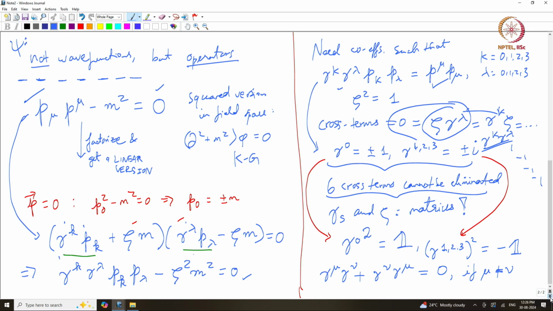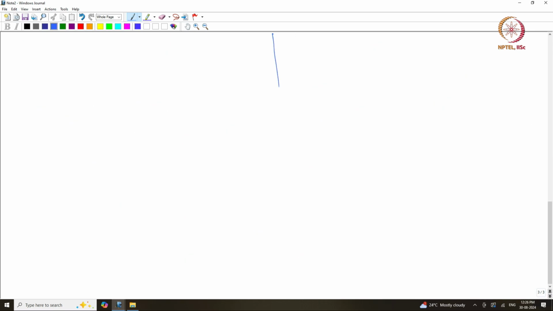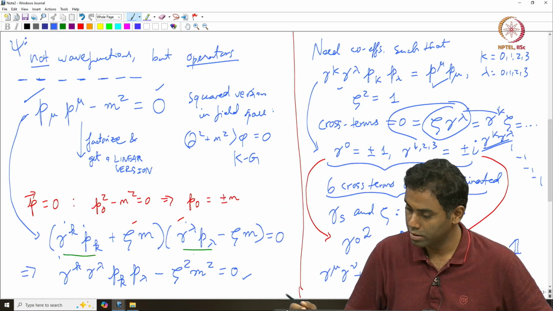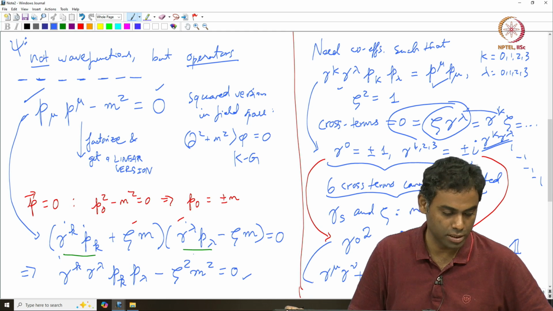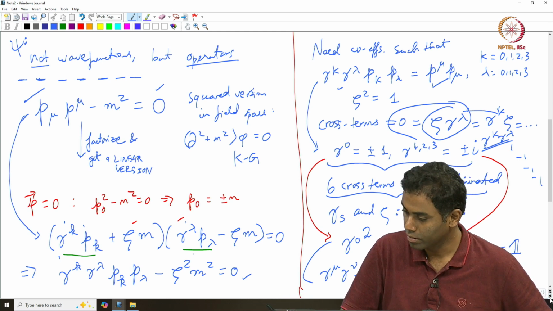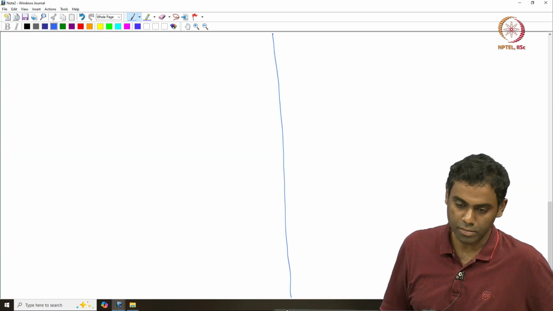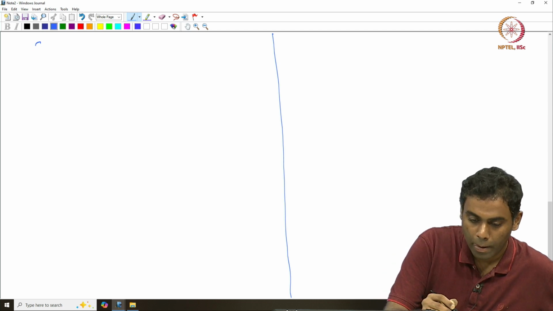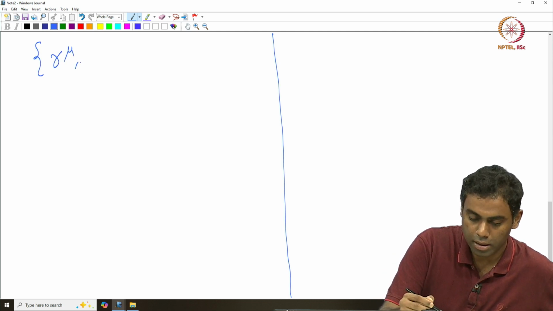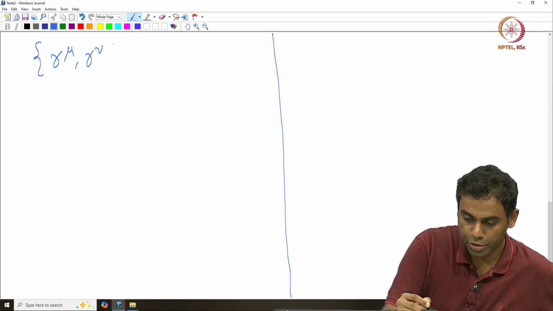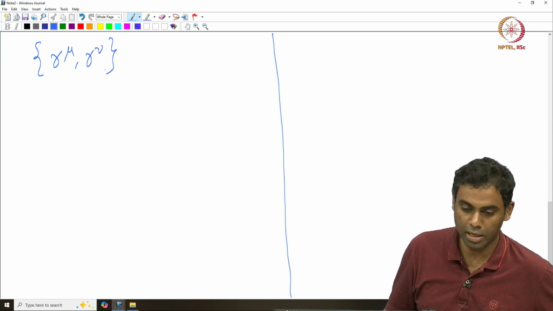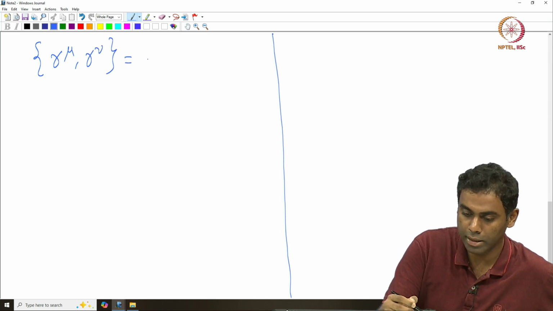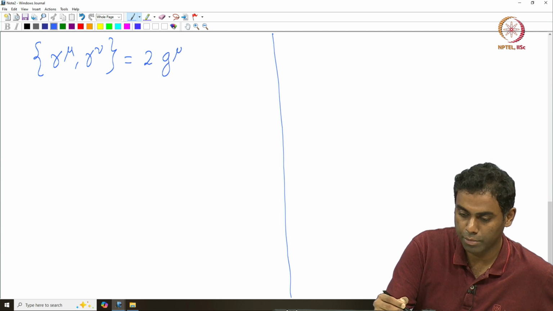Okay, then can I now condense these conditions into a single equation? You can think about it, but I am going to write the answer. It is very simple. It is just that gamma mu, gamma nu, when I put them in an anti-commutator, I get 2g mu nu.